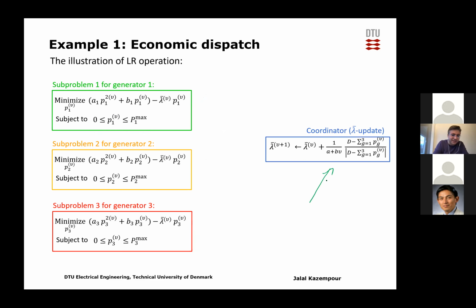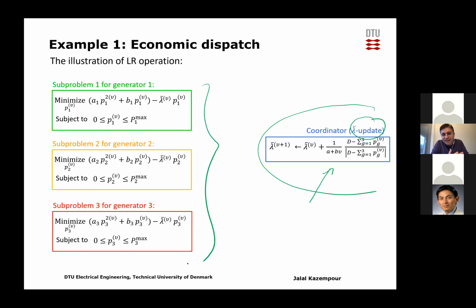Here we have, in this case, a coordinator, or if you like, call it market operator or whatever, just the lambda bar update. I mean, the coordinator updates prices. So now the system operator or market operator is not determining the production of generators, just updates the prices, and the generators are doing self-scheduling. For given prices, they maximize their profit, and this way they determine their optimal quantity to be produced.